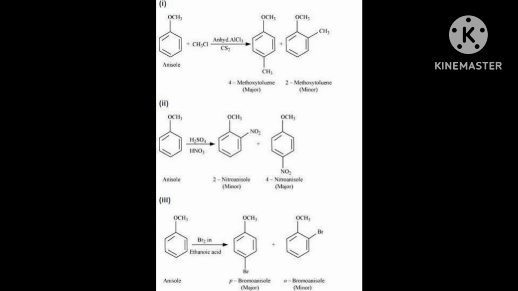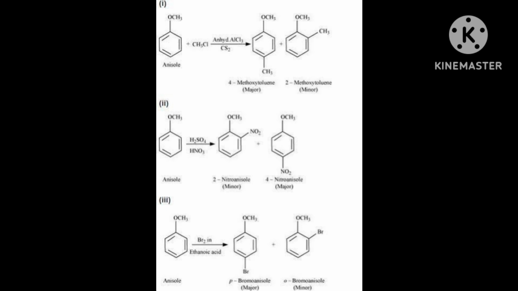Now suppose this anisole, the ether with a phenyl group on one side and a methyl group on the other, plus methyl chloride CH3Cl in the presence of aluminum chloride, and this aluminum chloride must be dissolved in carbon disulfide, CS2, and AlCl3 must be anhydrous, no water molecule.